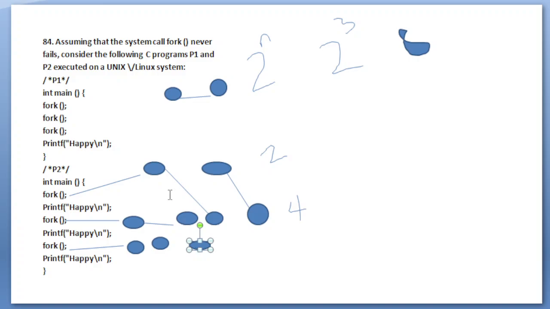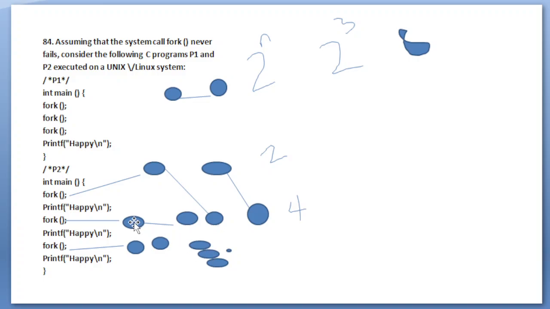This child is from this parent and this is from this. These two are children from this fork code. This is from this fork, this process, and this one also creates this.